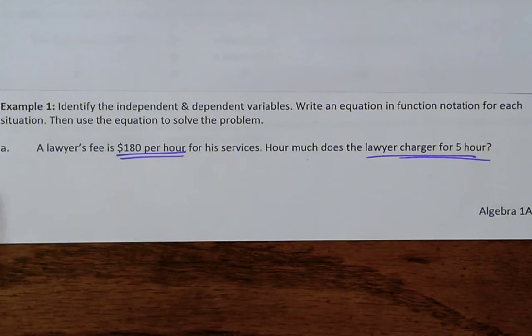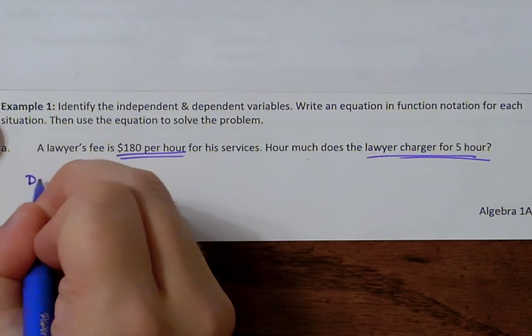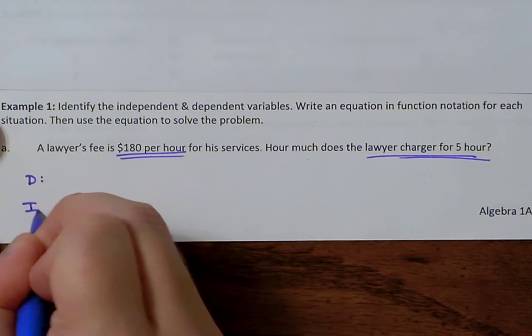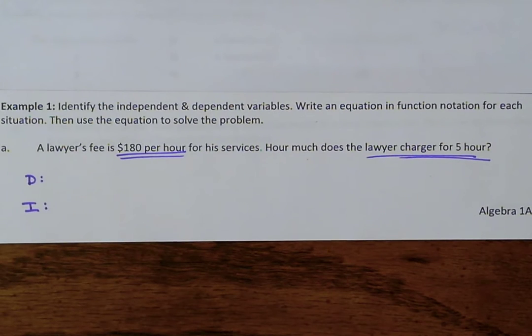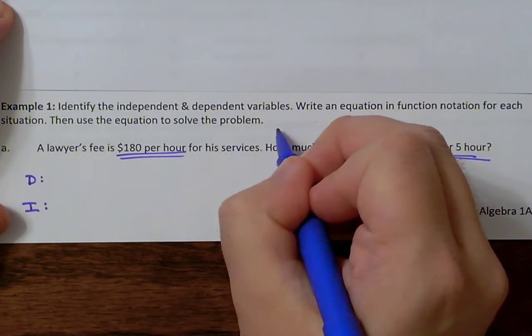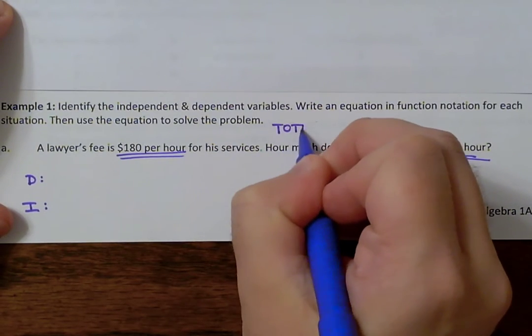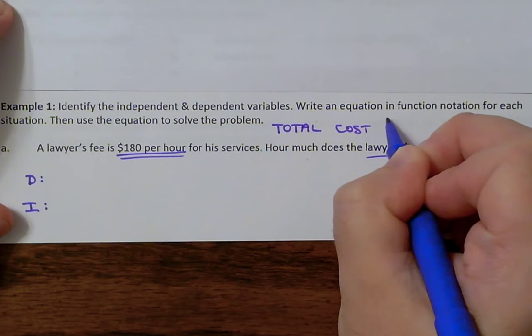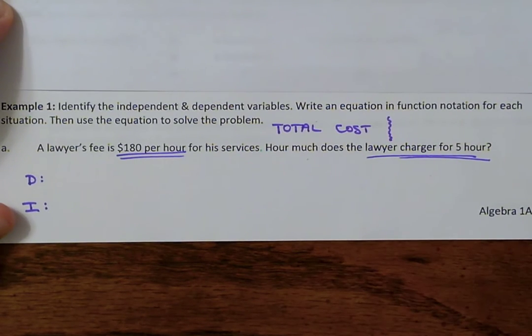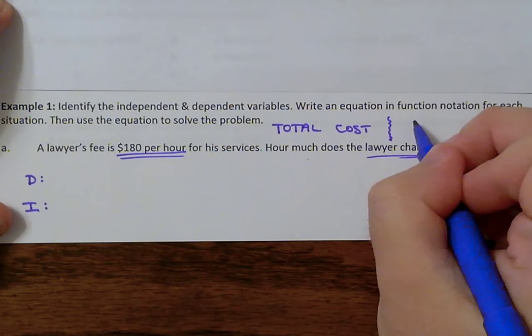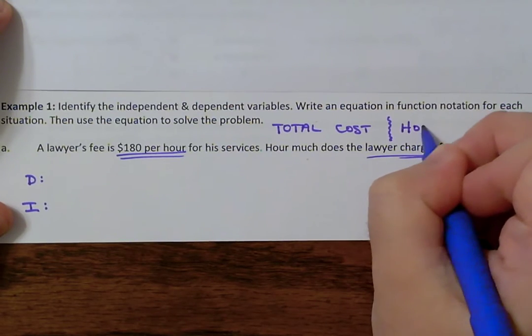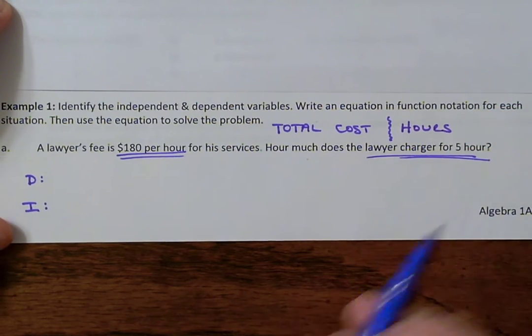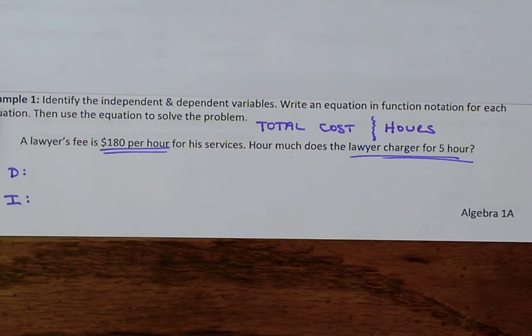If we're thinking about our independent and dependent variables here, I'm going to indicate that as I and D. My two variables in this case are total cost, total amount, and hours, the number of hours that you use the lawyer.